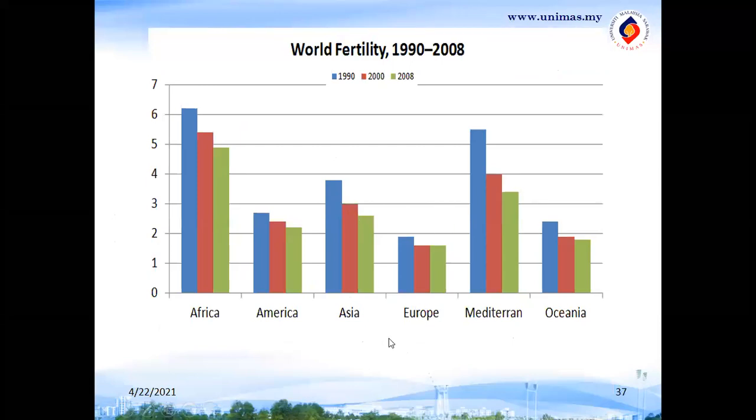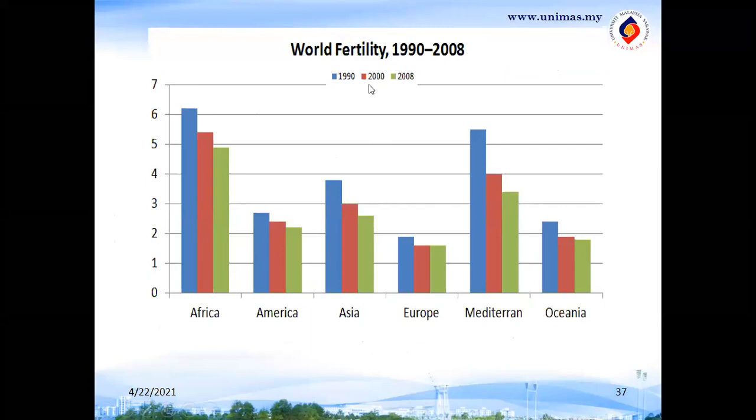Then also this is another graph just to show you the trends in terms of world fertility. Again, this is per woman, untuk setiap wanita secara puratanya. Right, 1990 is in blue.